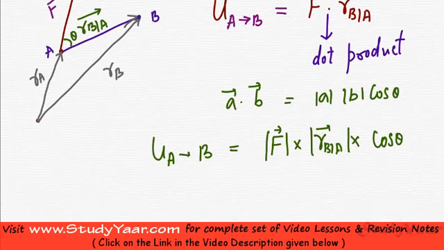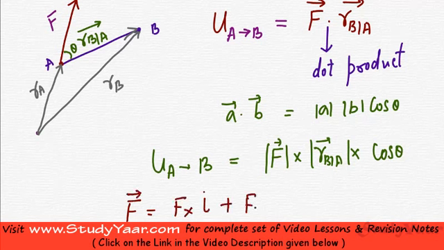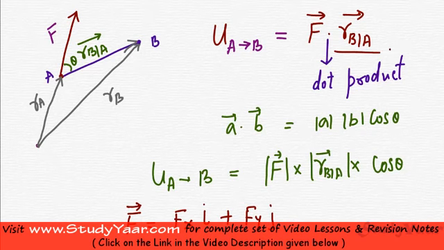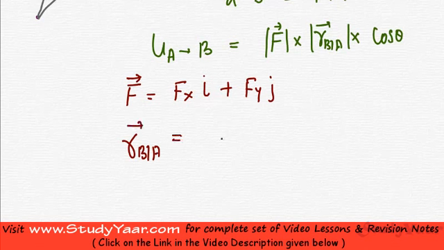Also, what you can do is you can have your F in terms of its rectangular components. My F can be written as Fx i plus Fy j. Similarly, my relative displacement vector can also be written in X and Y components. So I would have RB by A equal to RB by A X i plus RB by A Y j.